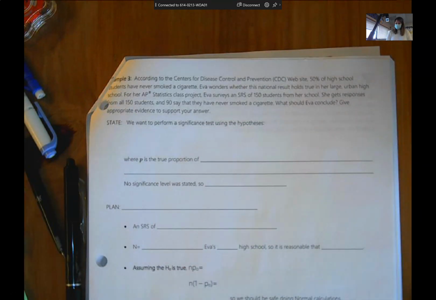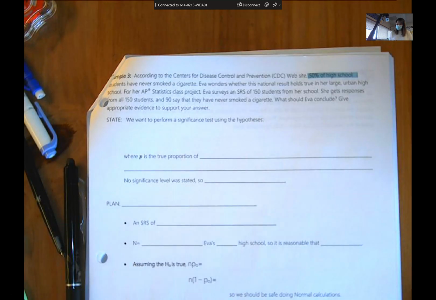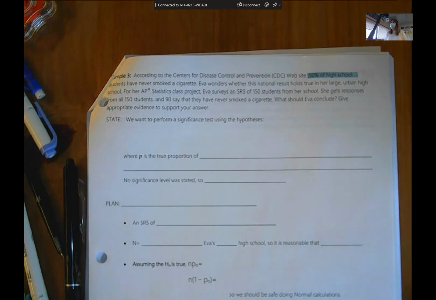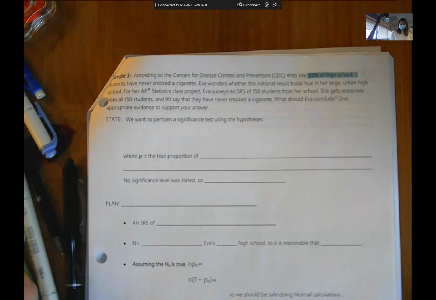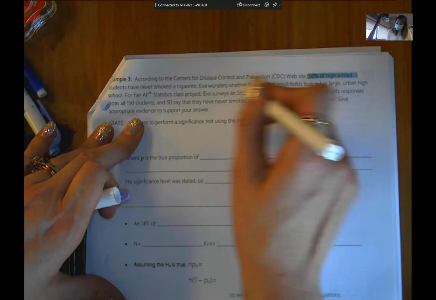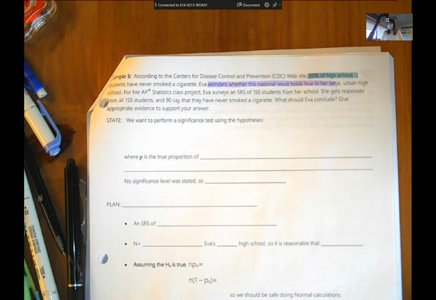Okay, so that is our claimed proportion. Ava wonders whether this national result holds true at her large urban high school. That is the second piece of information we need. She wonders whether it holds true.